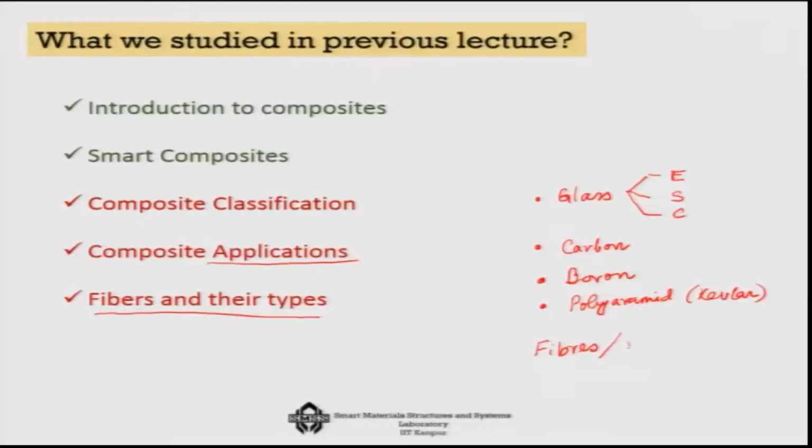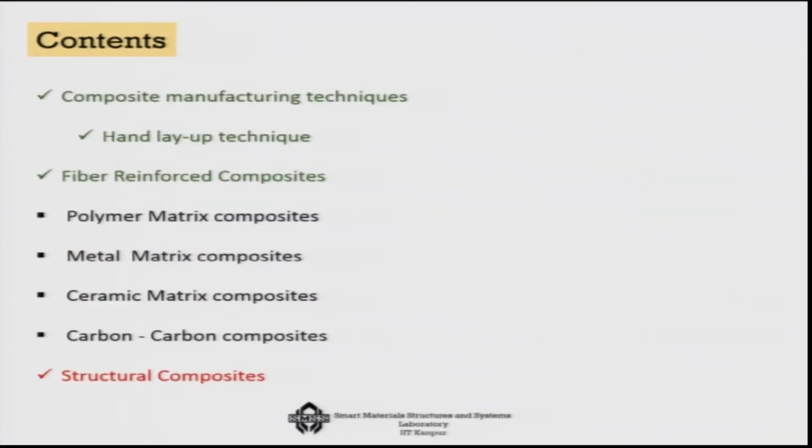So, fibers or such reinforcements that you will need, plus you will need a matrix. In fact, when you make a smart composite, a lot of thought has to go into choosing this matrix also. So, let us see all these things.